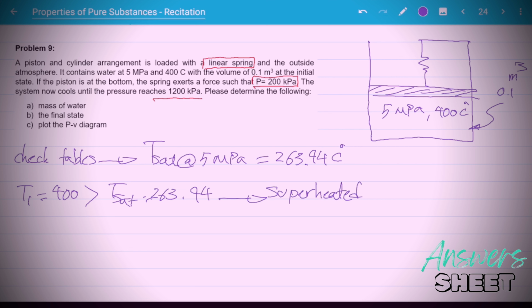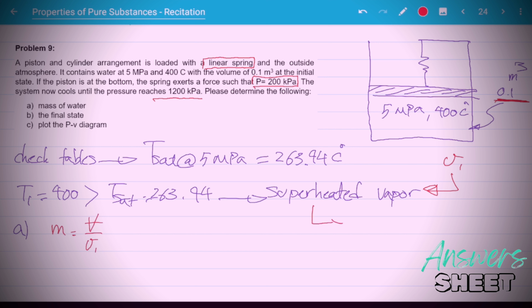Now, in order to find the mass of the system, we need to take a look at what we have. We already know the total volume. It's 0.1. Now, if we know the specific volume of our system at state 1, then we can use the equation mass is volume over specific volume, right?